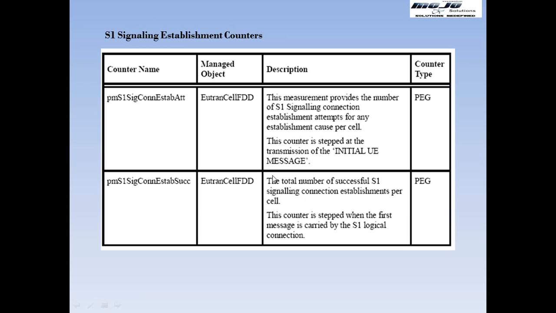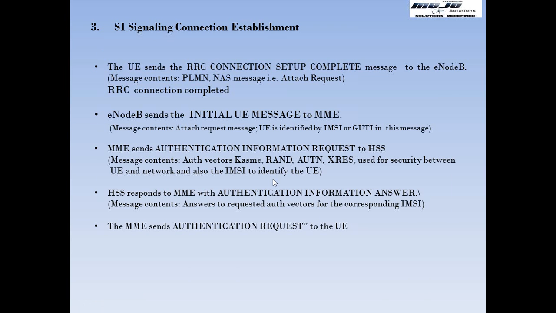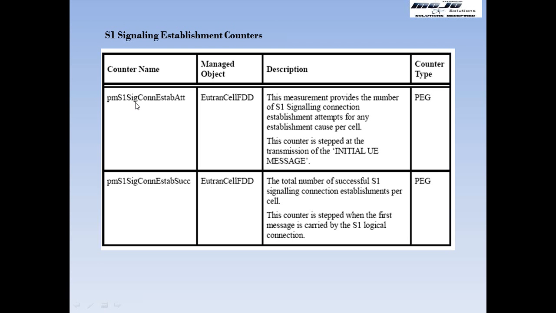So how are we measuring? Now you have a feeling that there is a functionality. RRC setup is itself a functionality. S1 signaling connection establishment is a functionality, and every functionality has a call flow, and every functionality has to be measured. And when it has to be measured, it has signaling counters.